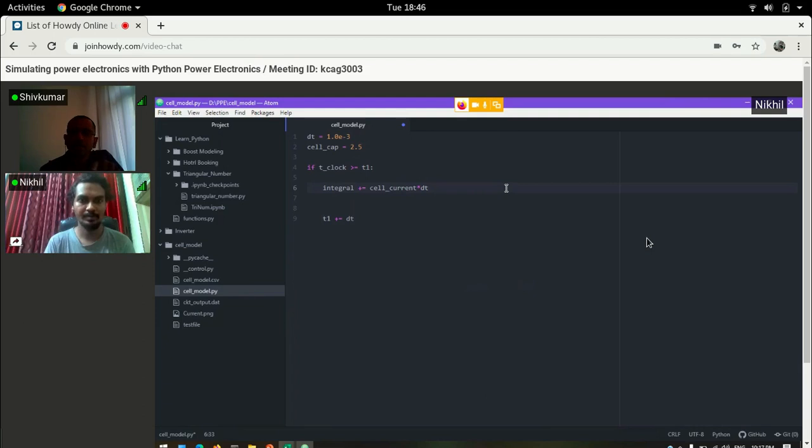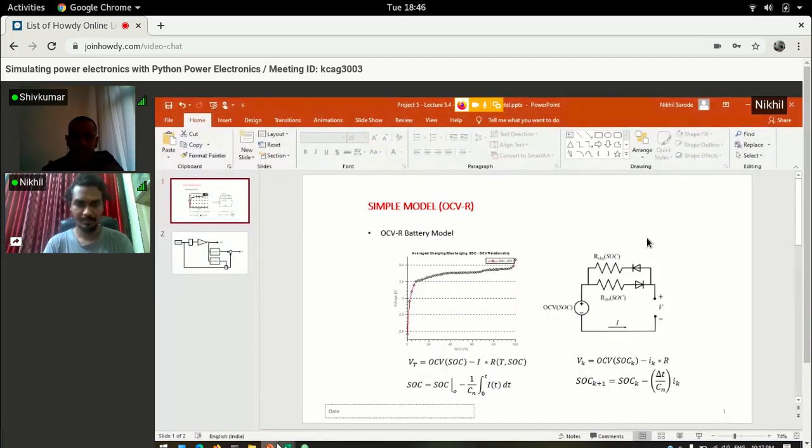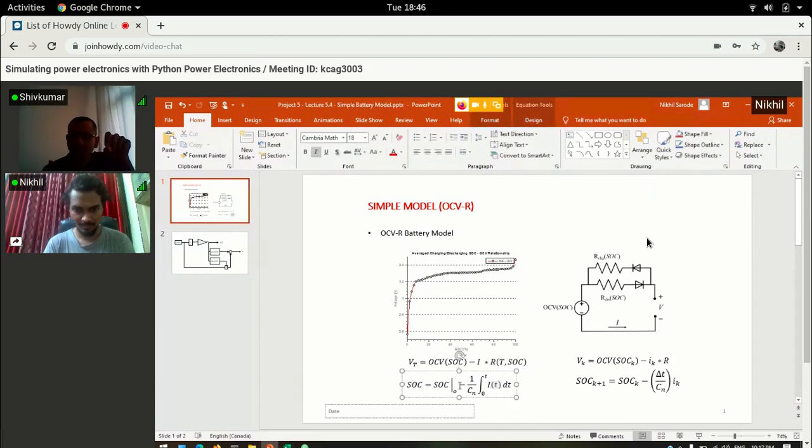Now, what will you do? Go back to your slide. You see, you have to implement the second equation. SOC is equal to SOC 0 minus 1 by Cn integral IT dt. Now you have calculated this 1 by Cn integral IT dt, right?